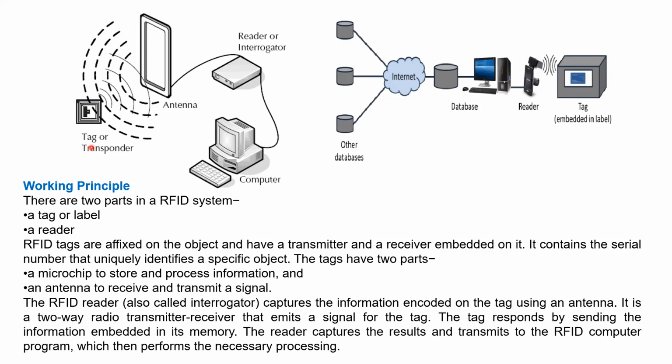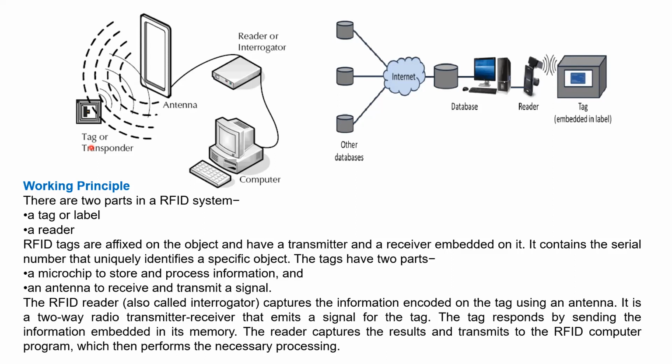Actually, what happens initially is that the reader sends a signal to the tag. The tag responds to the signal sent by the reader by sending the information which is embedded within it.